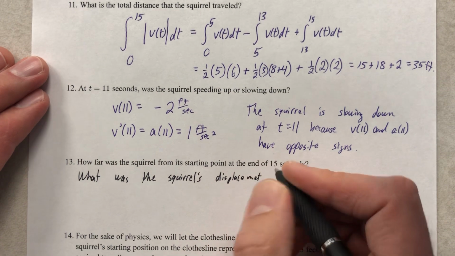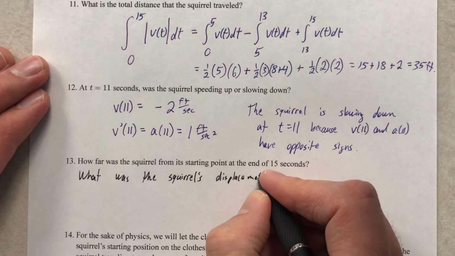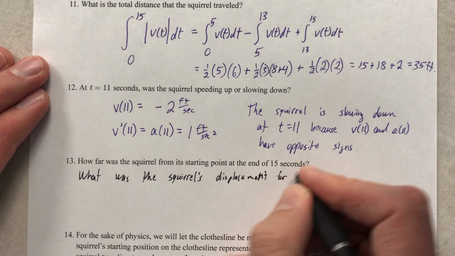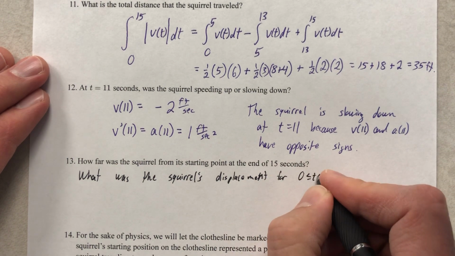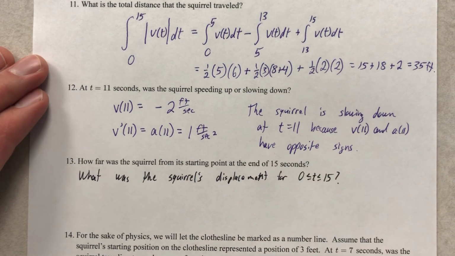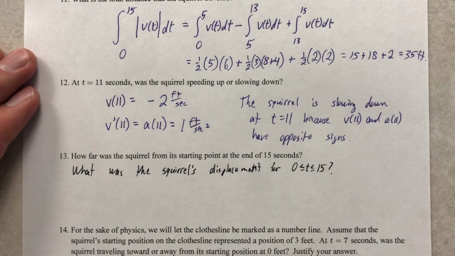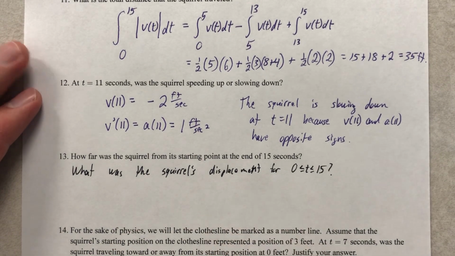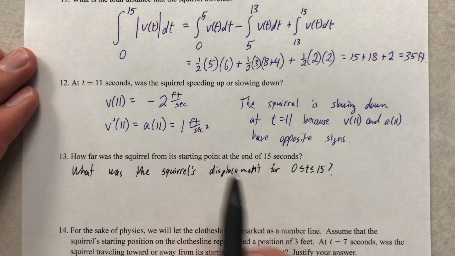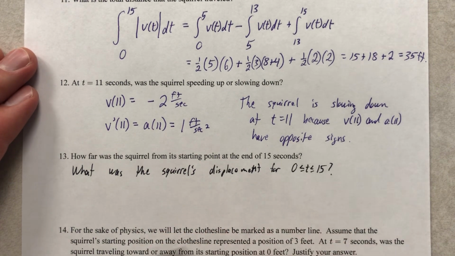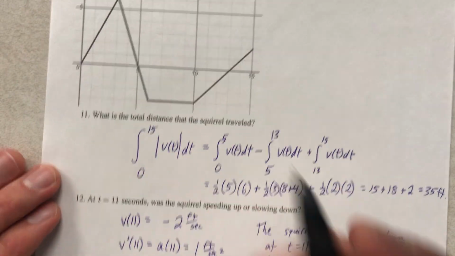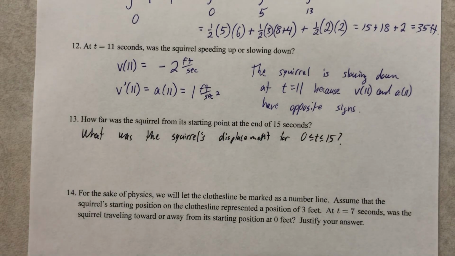Displacement for the time period from 0 to 15? That's the question. You don't have to write all that now that you've already written all that. But that's basically what it's asking. How far was it from its starting point? So it starts at some point, forward, backward, forward, backward, forward. And then where did it end up relative to its starting point?